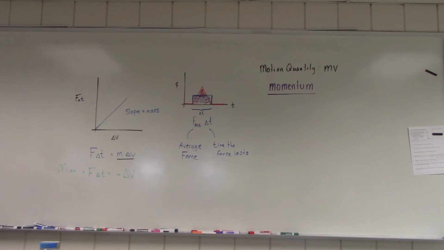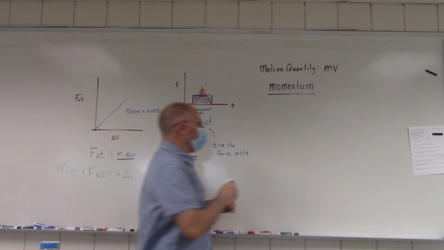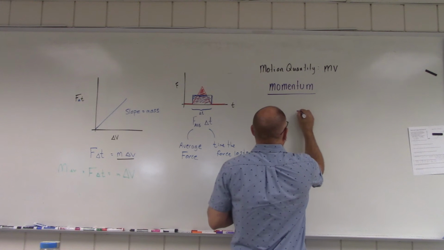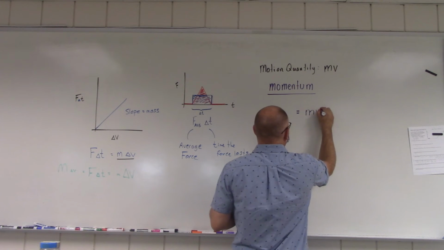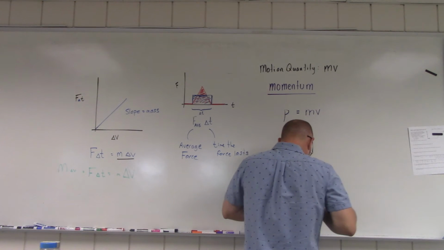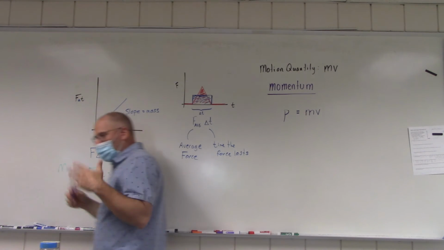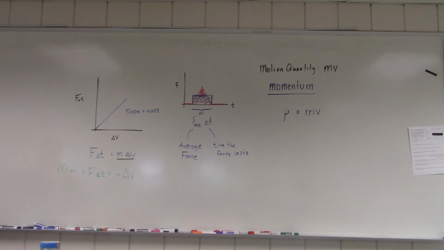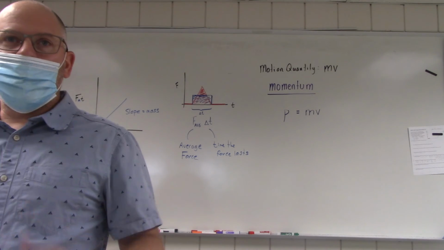If you want to calculate it, you literally do m times v. We use the letter P to represent momentum, for a reason that I will make clear in a little bit. But this is what momentum is.